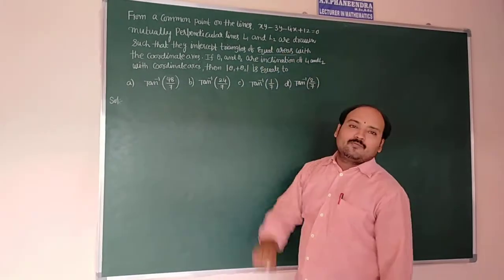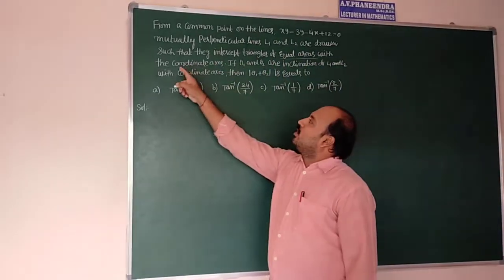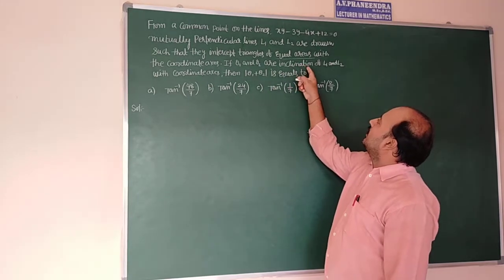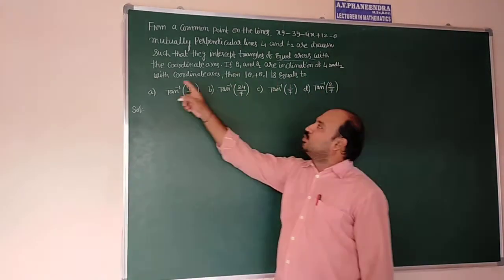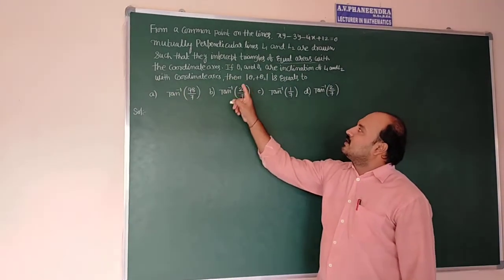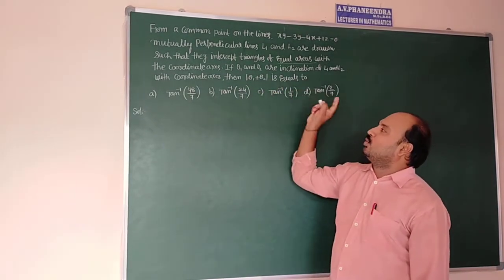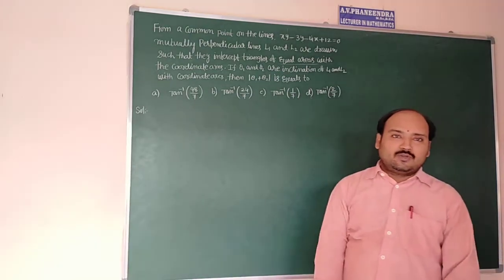This is very important. If theta 1 and theta 2 are inclinations of L1 and L2 with the coordinate axis, then mod theta 1 plus theta 2 is equal to. These are the options given.